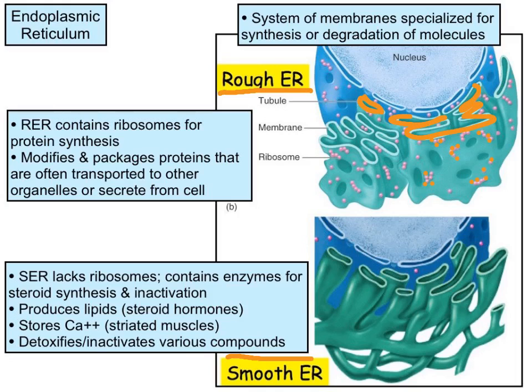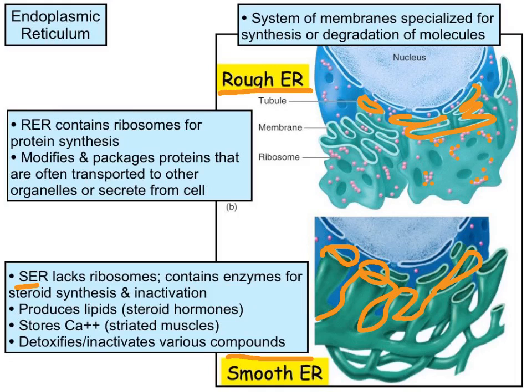Now, our smooth endoplasmic reticulum, if we look at this whole network of membranes, it looks pretty smooth, right? So these lack ribosomes. Instead, they contain enzymes for steroid synthesis and inactivation. So our smooth endoplasmic reticulum is going to produce lipids, steroid hormones.